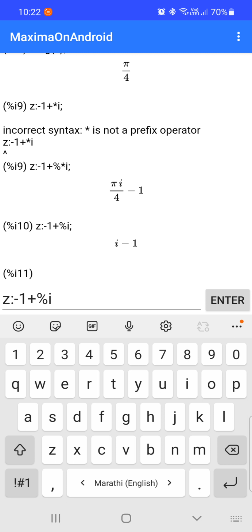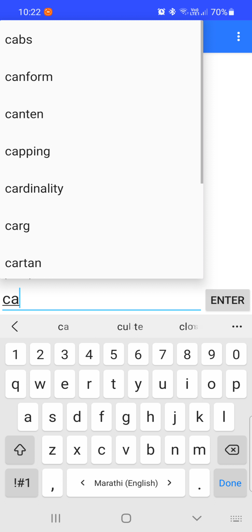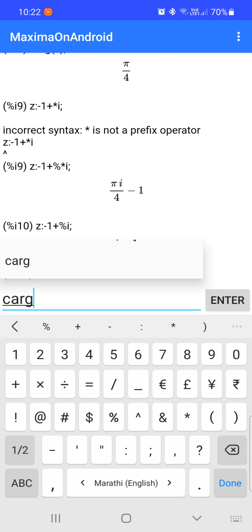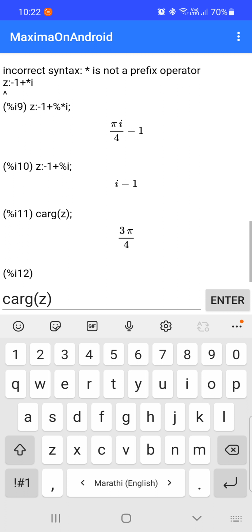So z is equal to i minus 1. Now this complex number lies in the second quadrant. To find the argument, enter the command carg of z, and its argument is pi minus pi by 4, that is pi minus tan inverse y by x, where tan inverse 1 is pi by 4. So it is pi minus pi by 4. It is equal to 3 pi by 4.